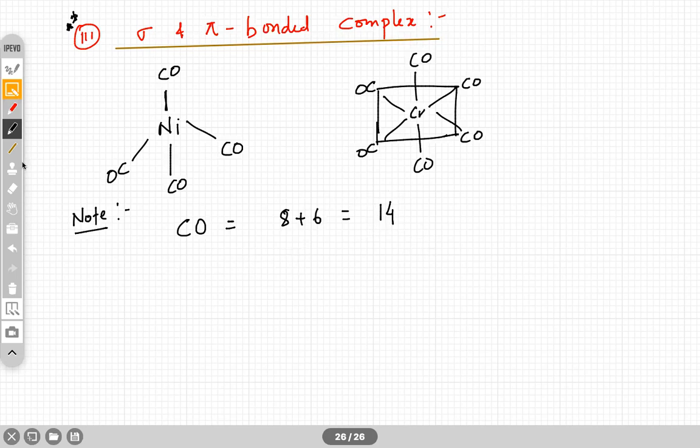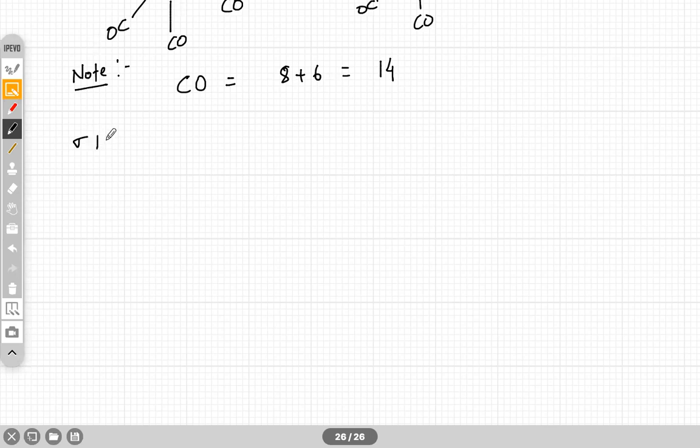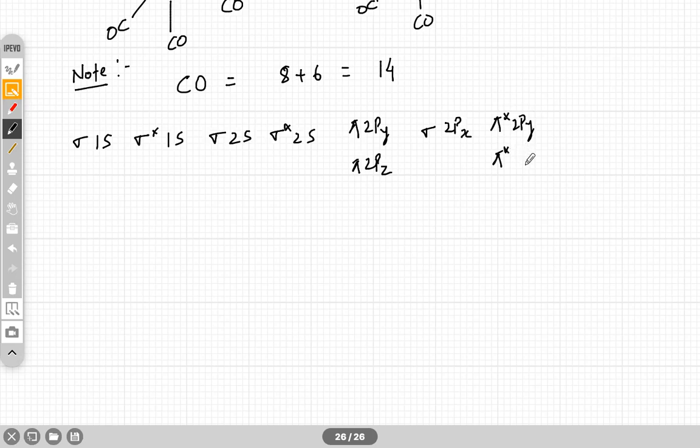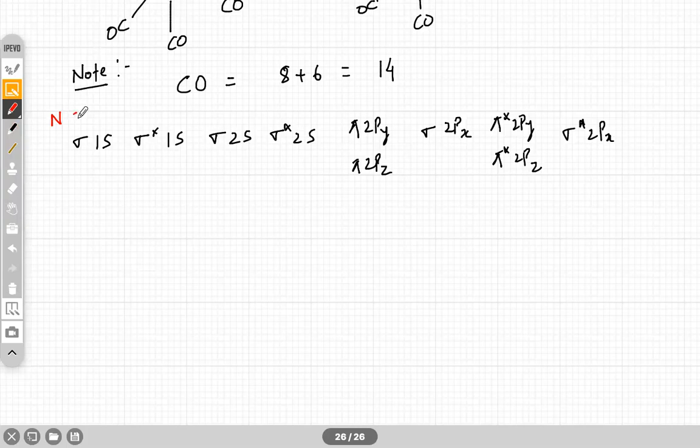And for 14 electrons, if you draw the configuration according to MOT, molecular orbital theory, this would be sigma 1s, sigma star 1s, sigma 2s, sigma star 2s, pi 2py, pi 2pz, sigma 2px, then pi star 2py, pi star 2pz, then sigma star 2px. This is for n less than or equal to 14.